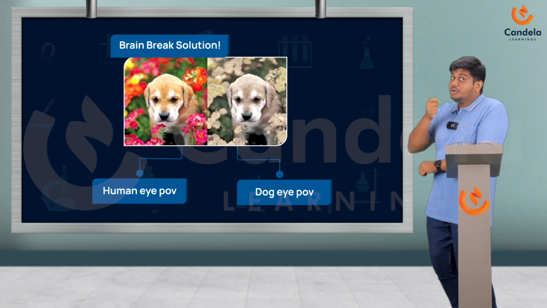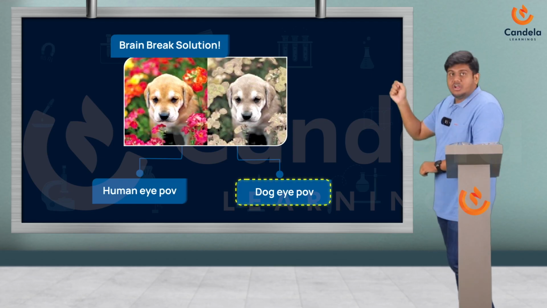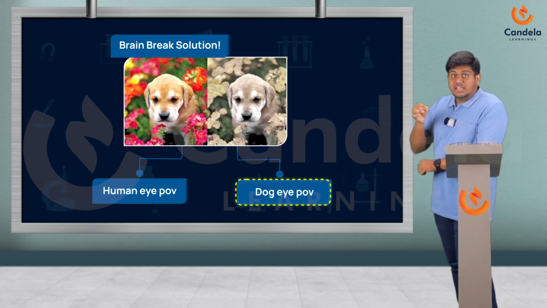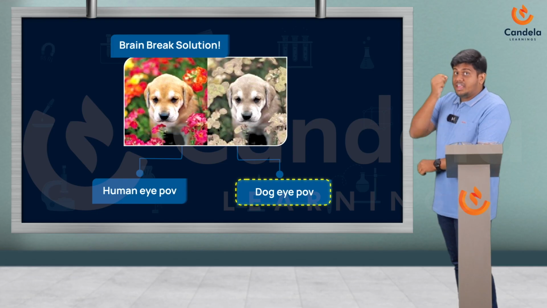But whereas for a dog, it cannot pick up the light red, and it probably cannot pick up the light green also to the intensity that we do. This is because they do not possess some of the cells that we have in our eye that helps us see the red color.